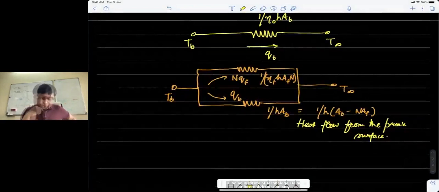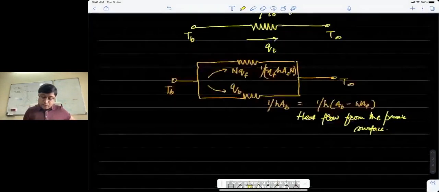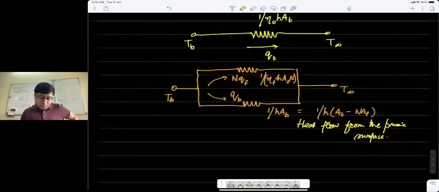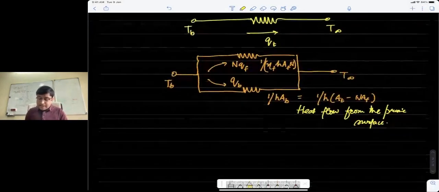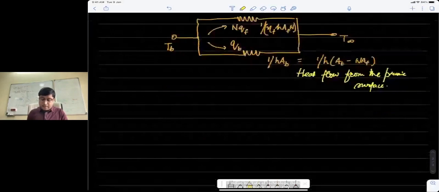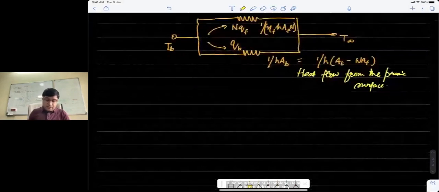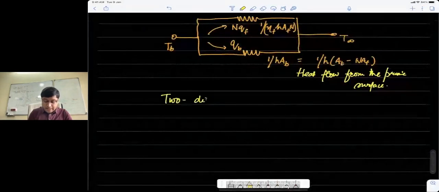Okay, so let's move on. So this was actually the last, or not the last, I would say, but we'll take a break from one dimensional heat transfer at this point, and I'll discuss higher dimensional heat transfer. So I will look at one problem which pertains to two-dimensional steady-state heat transfer.